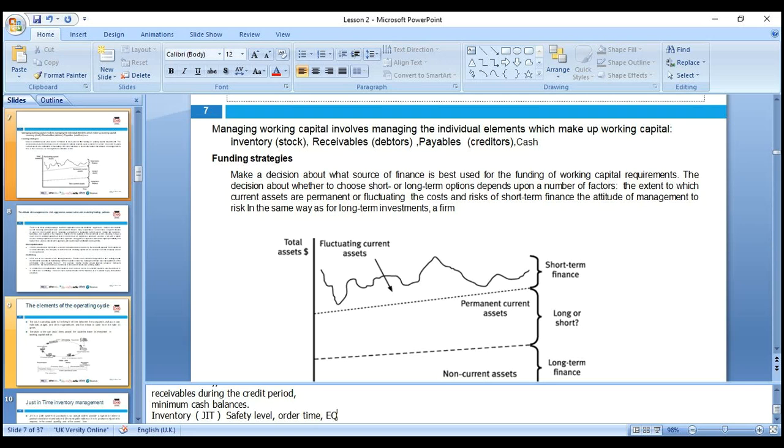So we use the term EOQ, economic order quantity. We need to look at how much we will order and how much is suitable for us. It is the same as a par level, right?